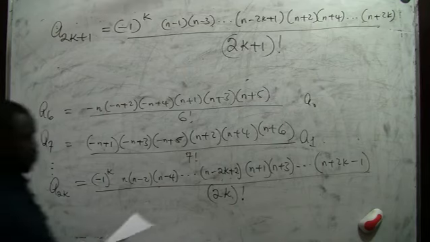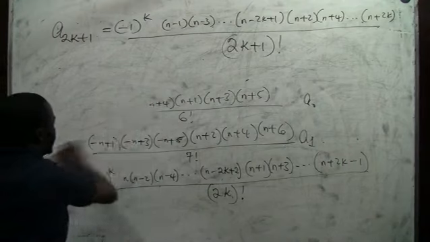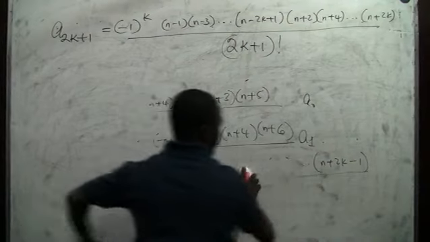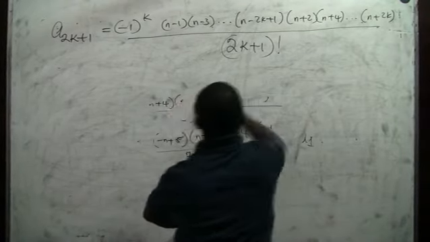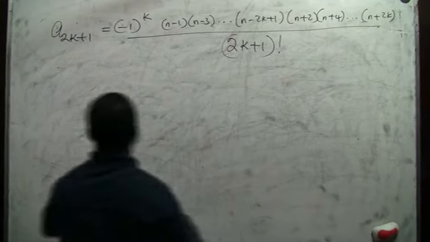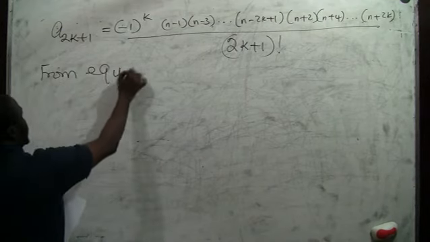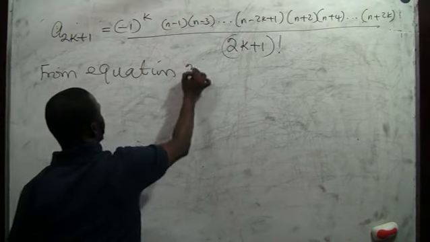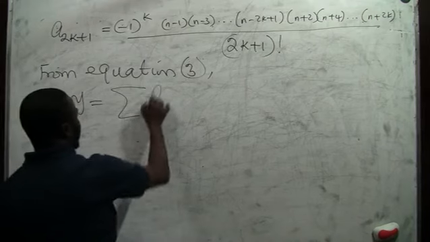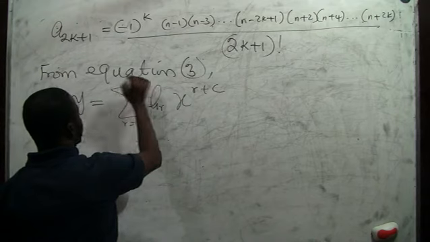Now, the next thing, we now substitute all these coefficients into our trial solution given by equation 3. From equation 3, we have y equals summation a_r x to the power r plus c, r from 0 to infinity.